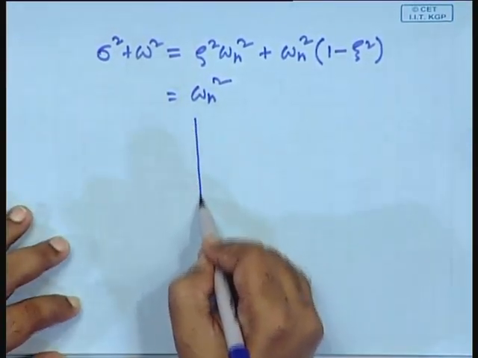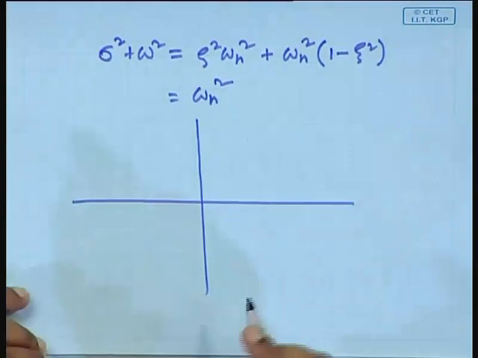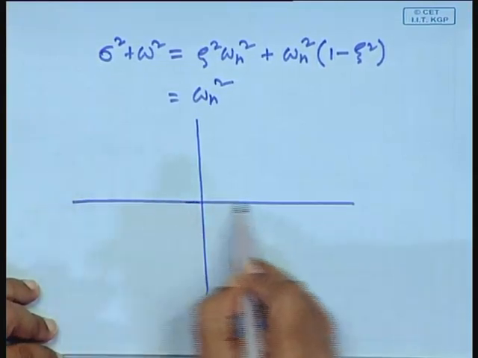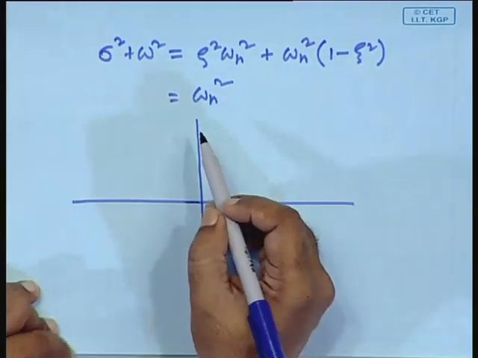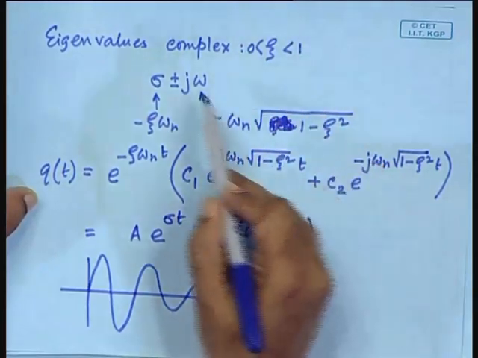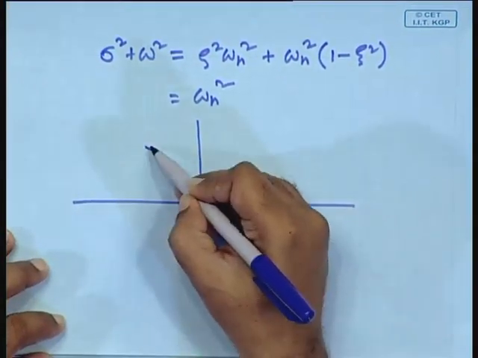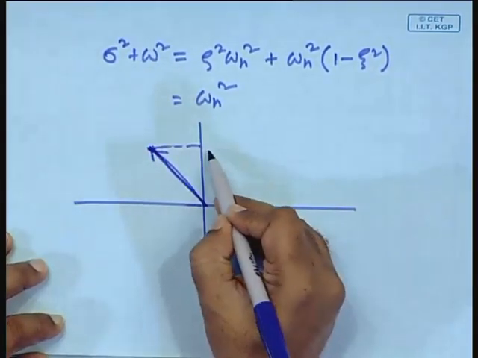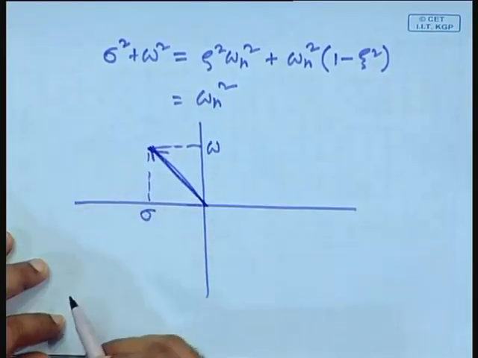So, if this is the complex plane, and the real part will be plotted along this, the imaginary part will be plotted along that, and then if zeta satisfies this condition, then the eigenvalues would be complex conjugate, say like this. This part will be omega and this part will be sigma.